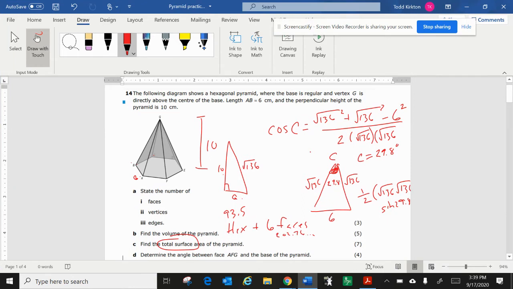So I know that's 10. And I need to figure out one of the other two sides.